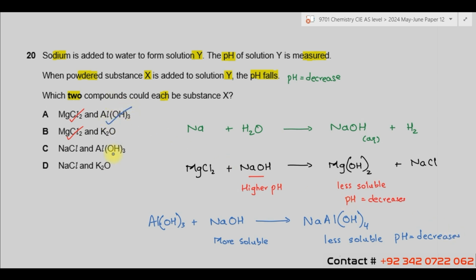So aluminum hydroxide is also correct. Then we have potassium oxide, NaCl ionic compound, NaCl ionic compound. These are neutral salts and neutral oxides, so they do not affect the pH. So correct answer is A.